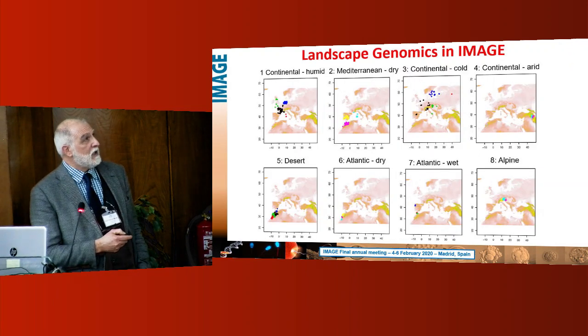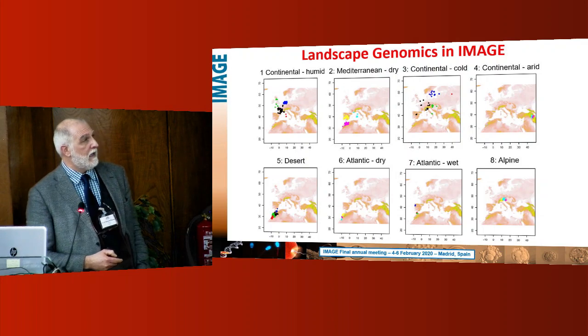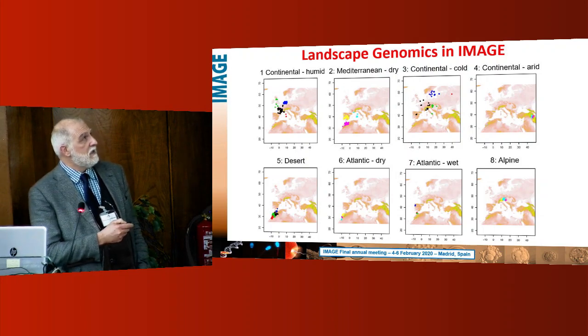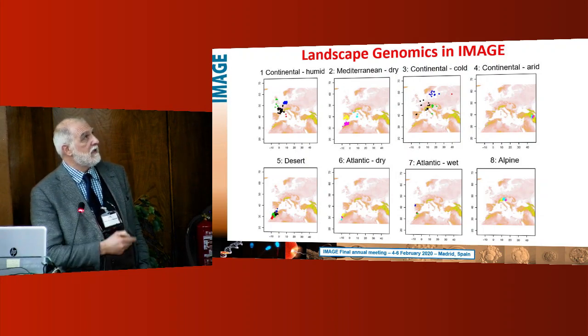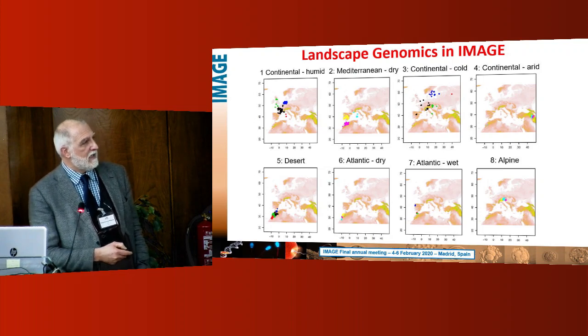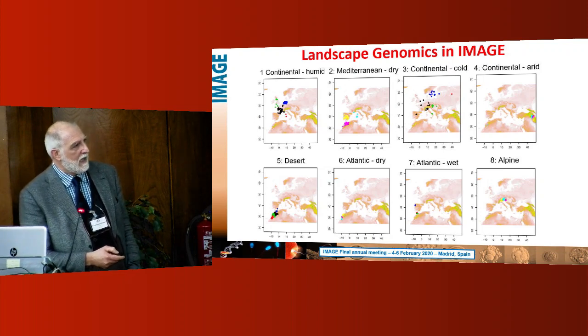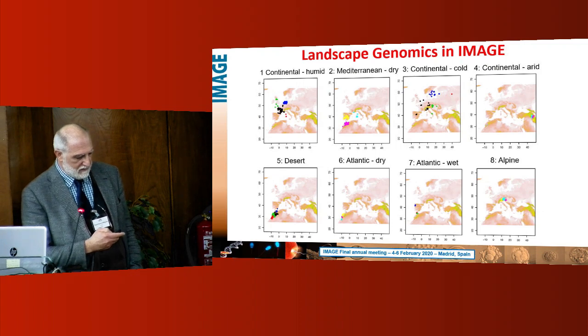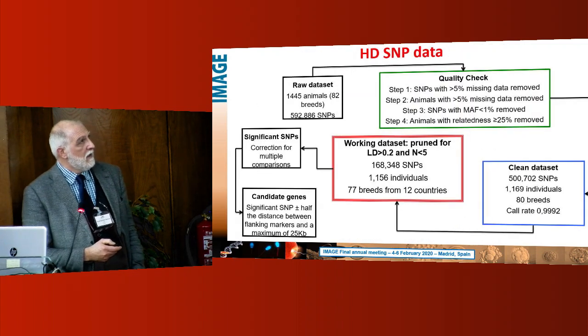They were assigned to the different climatic clusters: continental humid, Mediterranean dry, continental cold, arid, desert, Atlantic dry, Atlantic wet, and alpine. These are the 8 clusters.